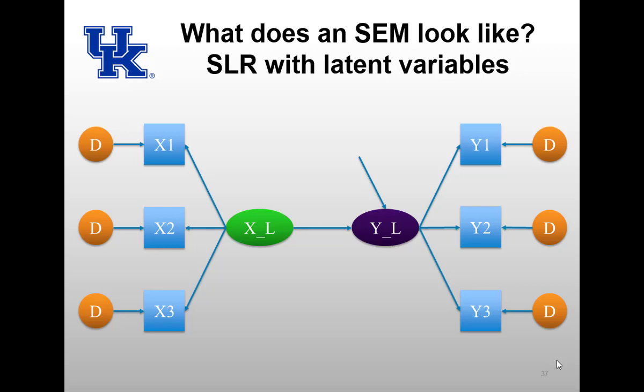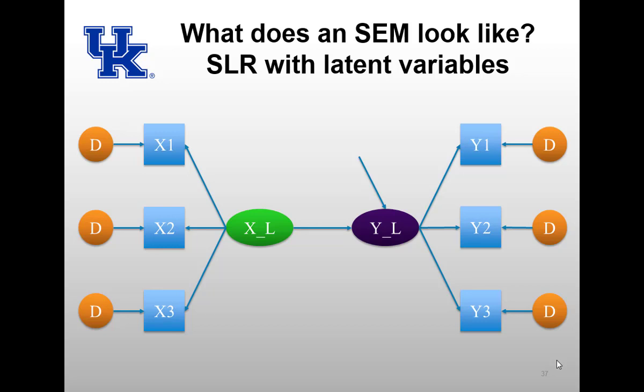But David, are these different instruments for X1, X2, X3, or is it something else? So those would be individual items. If X, for example, was CFIC, which actually does have only 3 items, those would be CFIC1, CFIC2, and CFIC3. The individual items that are on that scale load on the latent variable for that construct.